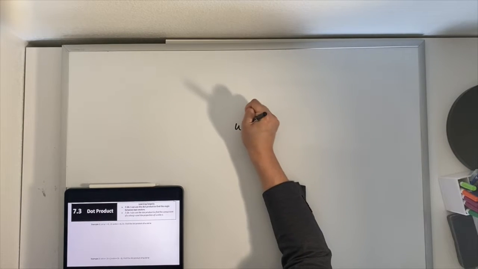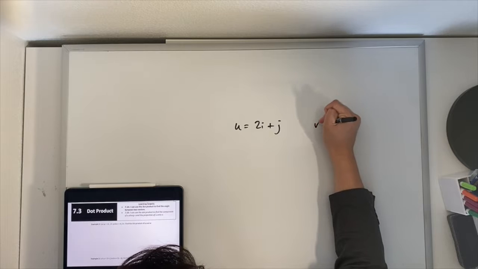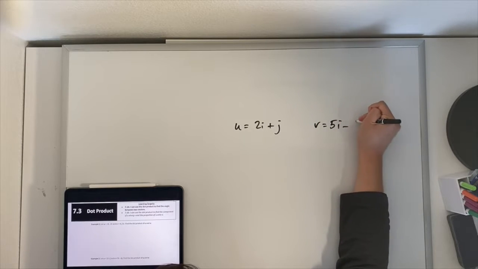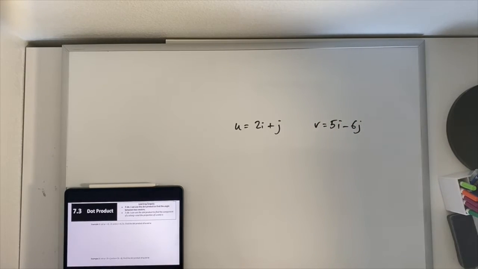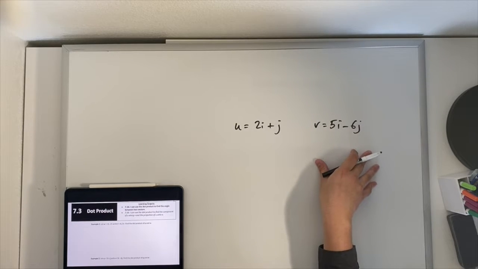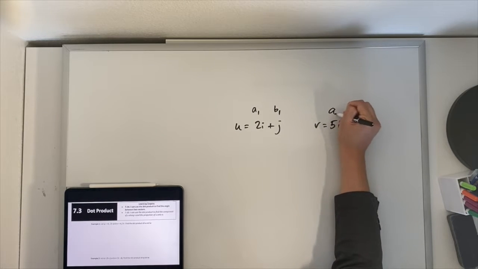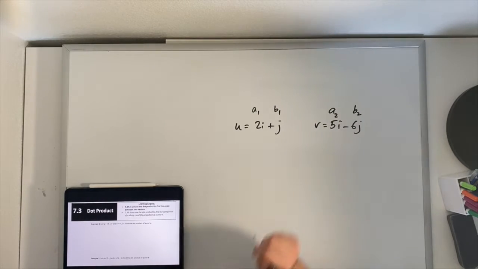Let's look at u equals 2i plus j, v equals 5i minus 6j. Written in a different way, but we still have our a1, b1, a2, b2.